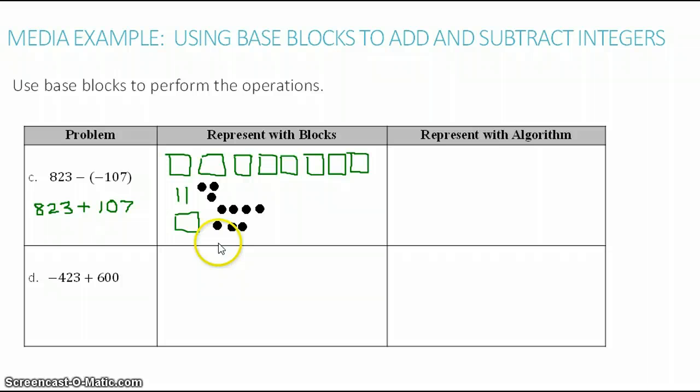So now we should check for regrouping. We have a total of 9 flats, so we can't regroup those. We have 2 rods, that can't be regrouped, but we do have exactly 10 ones. So let's circle those, and we can trade in these 10 units for 1 rod.